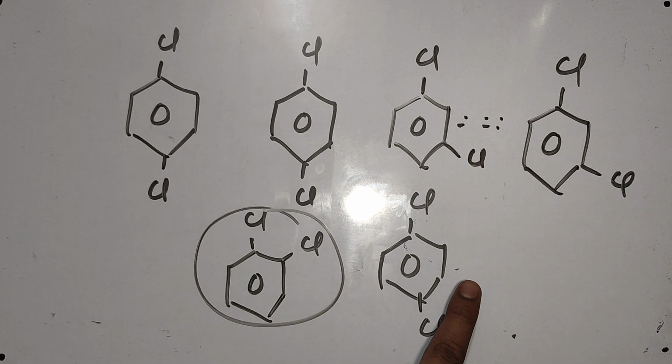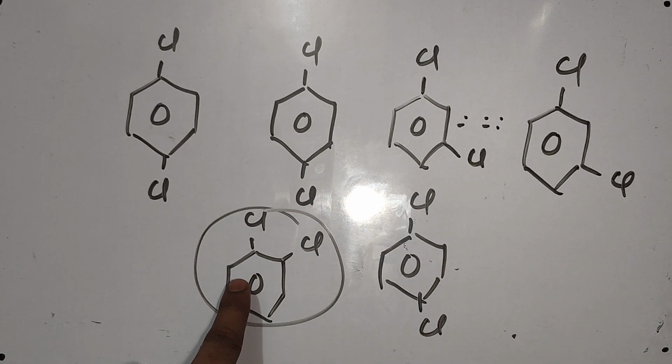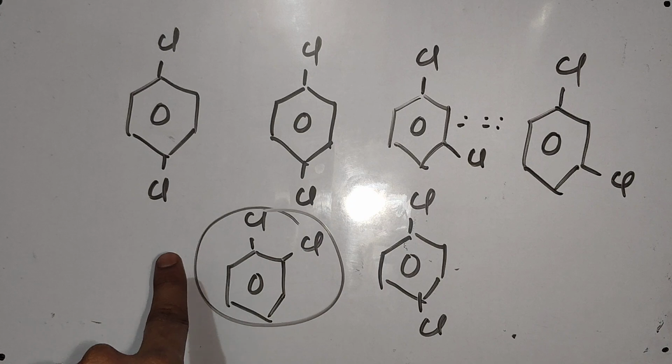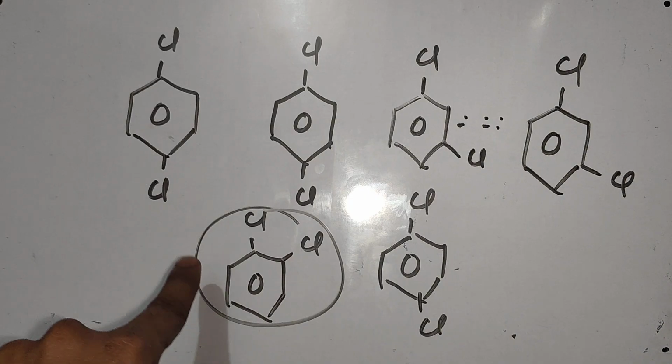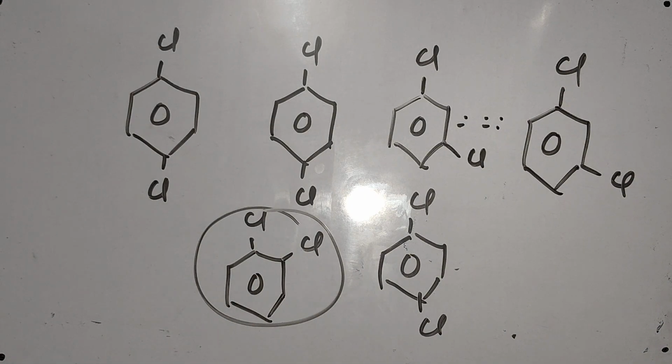Para is symmetrical but doesn't have dipole interaction. Ortho is less symmetrical, but it has strong dipole-dipole interaction which increases its boiling point too much as compared to para. So these are the reasons for the boiling points of ortho, para and meta dichlorobenzene.